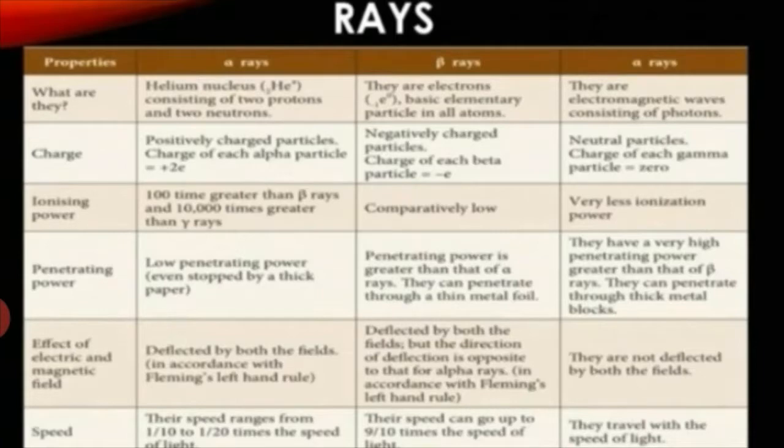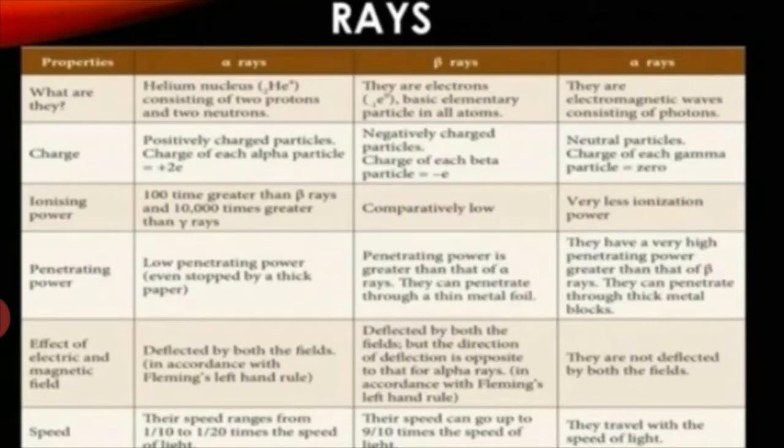Next property, effect of electric and magnetic fields. Alpha rays are deflected by both the fields in accordance with Fleming's left hand rule.